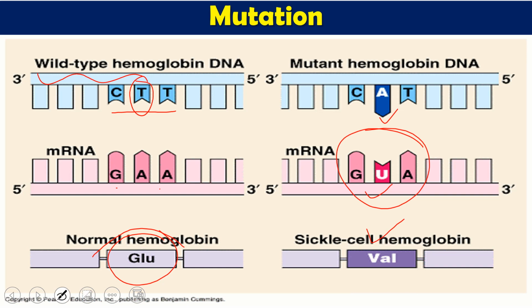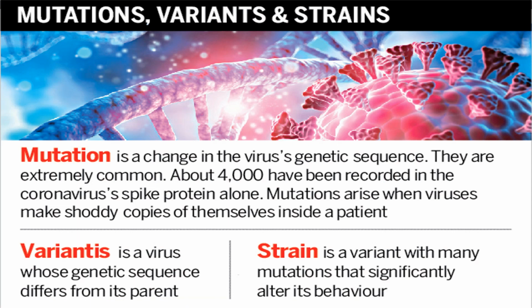So just a change in a single nucleotide makes a complete transformation in the erythrocytes. Normal hemoglobin is converted to sickle cell hemoglobin, and the RBC becomes a sickle cell RBC. So sickle cell anemia and sickle cell RBC will be there. So this is how it is going to be modified. Now in the case of a virus, this is called mutation.